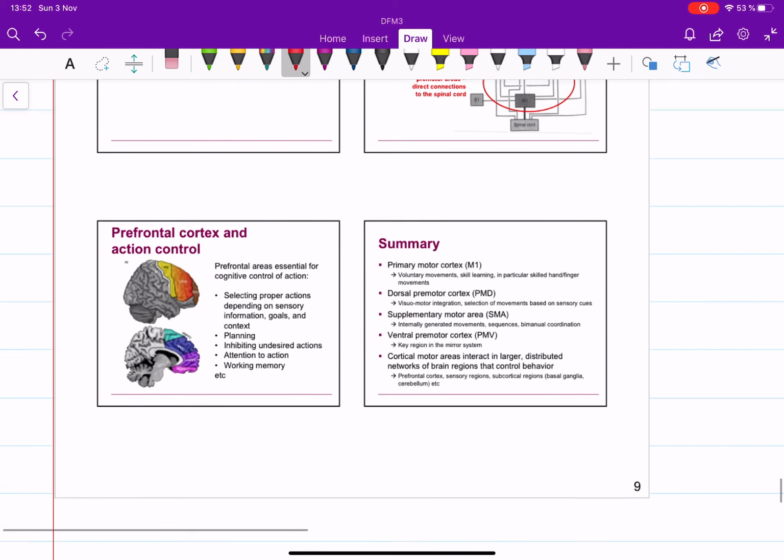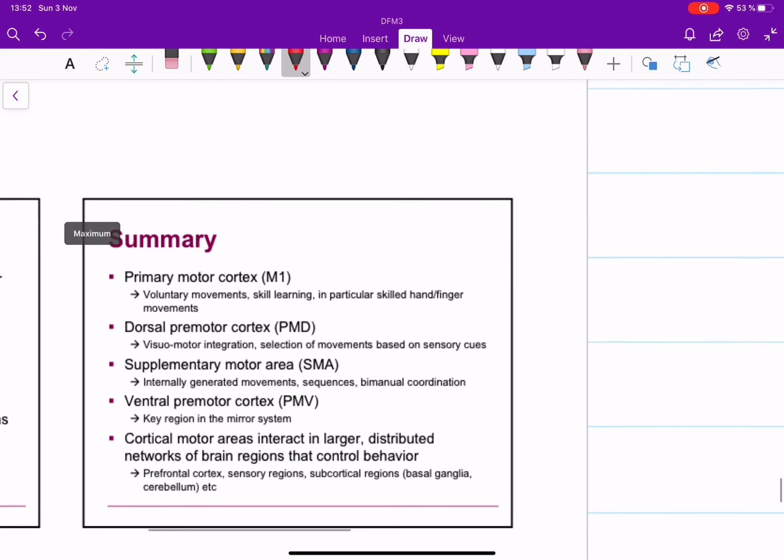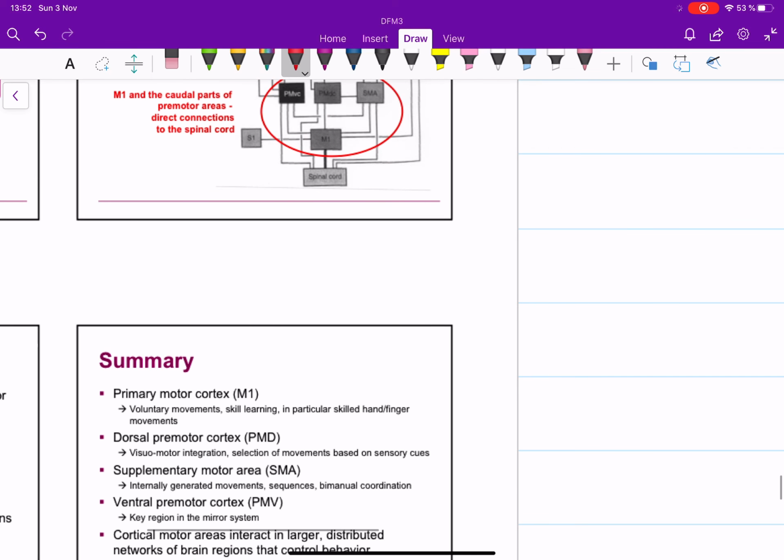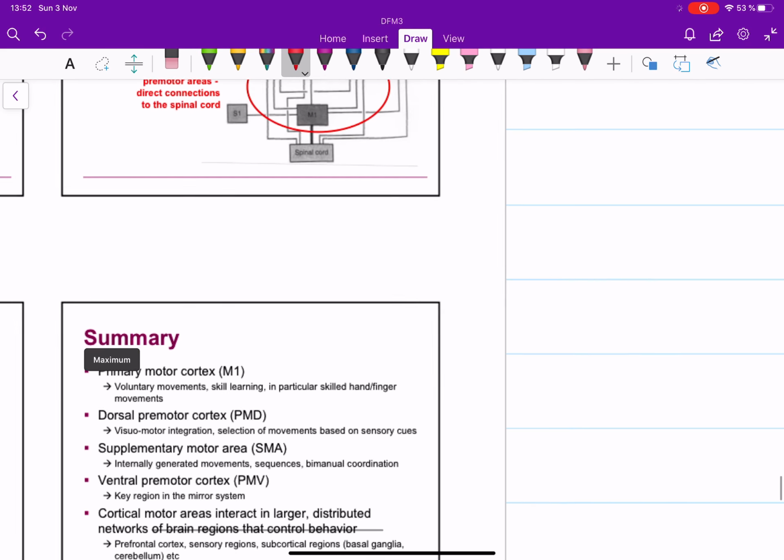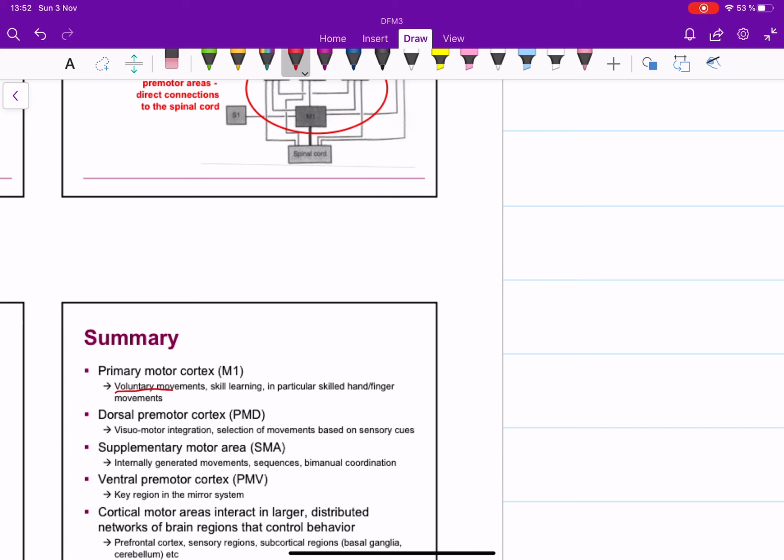Okay, so to summarize, the primary motor cortex is responsible for voluntary movement, skill learning, in particular hand and finger movement. Here we have the premotor cortex, which we divided into the dorsal premotor cortex, the ventral premotor cortex and the supplementary premotor cortex.